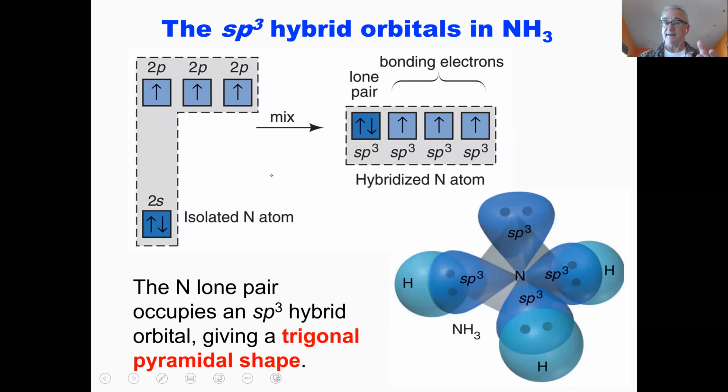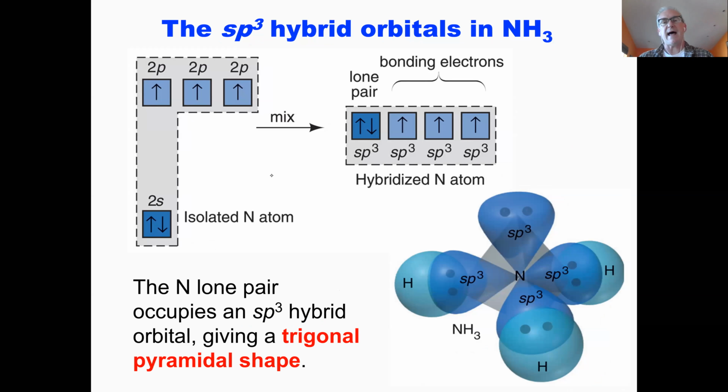So if you look at nitrogen, nitrogen has one more. Now it has 5 valence electrons. It's going to form 3 bonds. And so immediately one might think, well, if it's going to form 3 bonds, then it's going to be sp2, and it's going to look like boron.